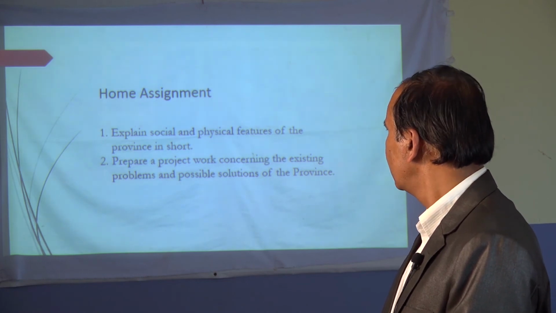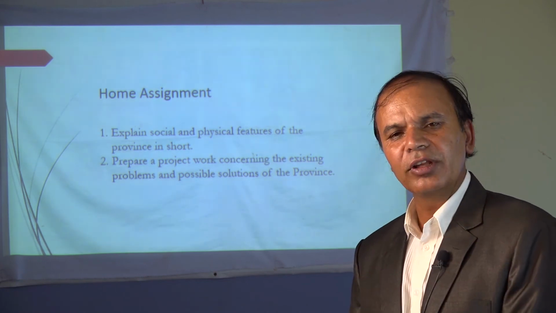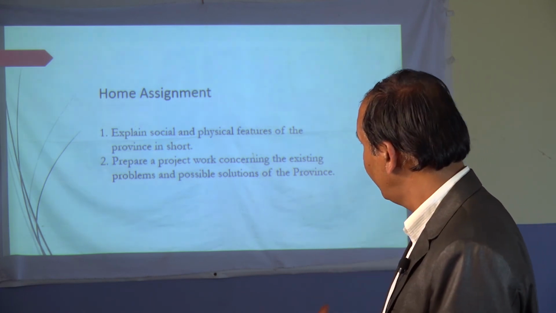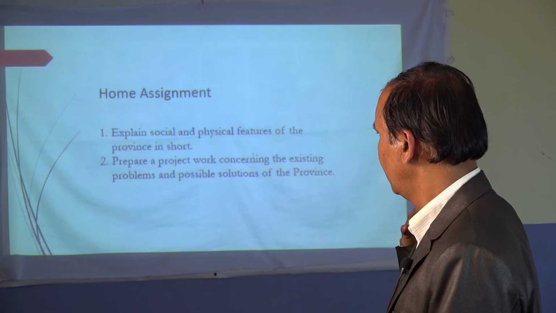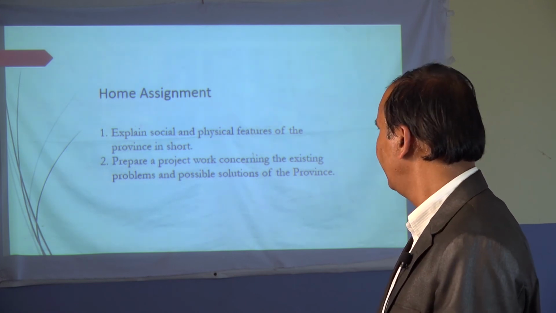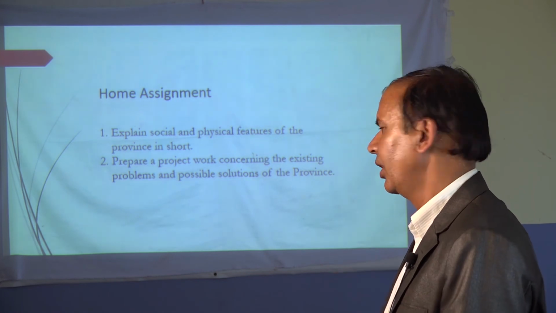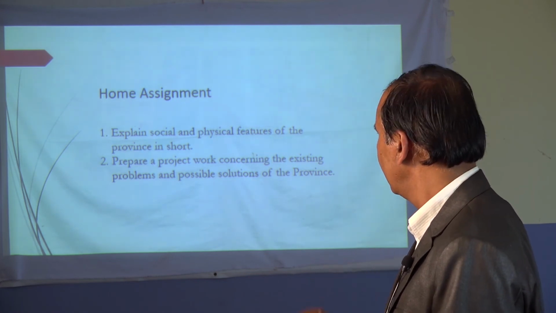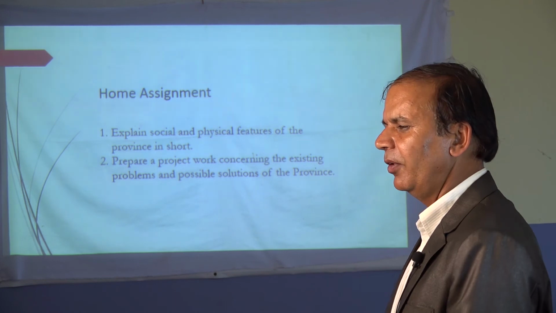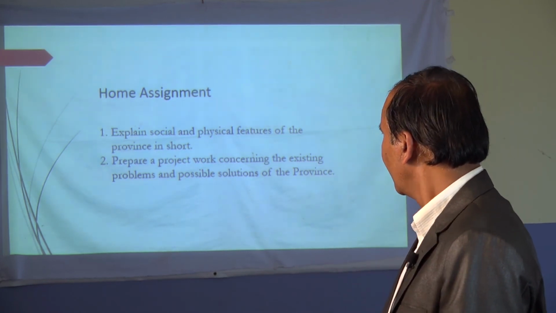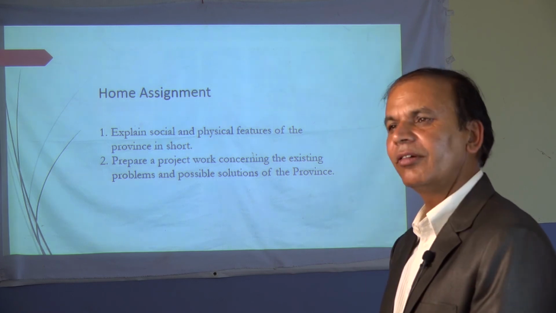There you should write the languages spoken, the facilities of education, religious sites or the religions adopted there, and likewise in physical features you should include the geographical features, climatic features and vegetation. In this way, you can make your answer right.